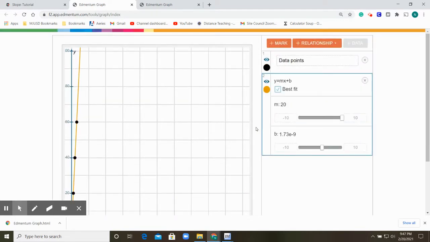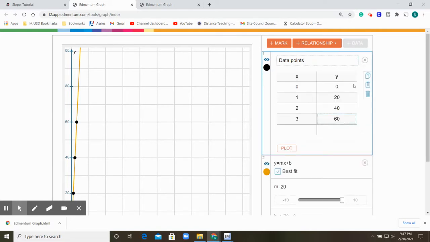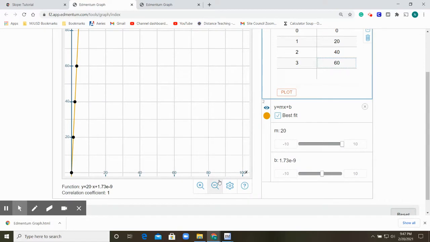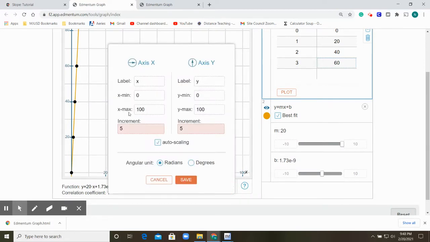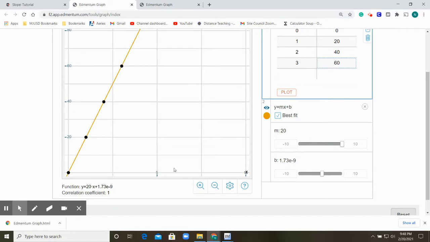That doesn't look right. Data 0, 0, 1, 20, 2, 40, 3, 60. Something's not right here. Oh, X is supposed to be 10 max. I messed up, but because I knew it didn't look right, I was able to fix it.